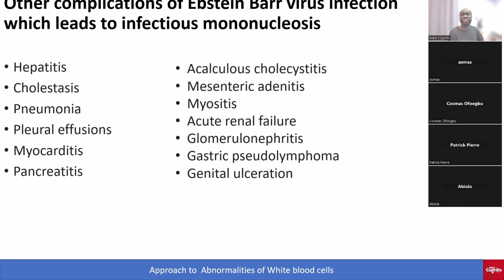So Epstein-Barr virus can do so many things. That's what I'm trying to draw your attention to. Please pay attention to these things because we will quiz you after this class.